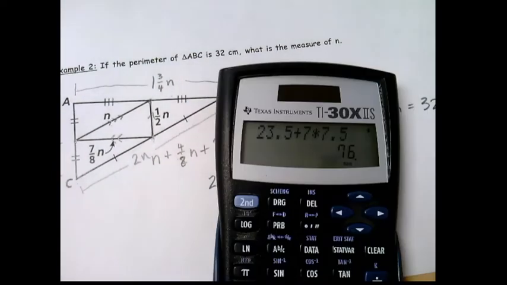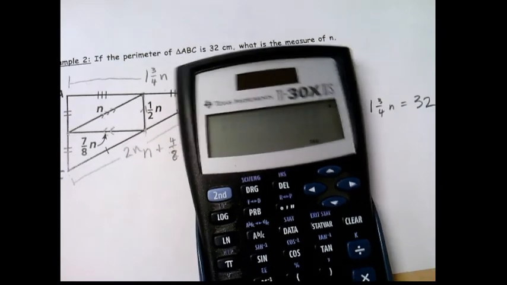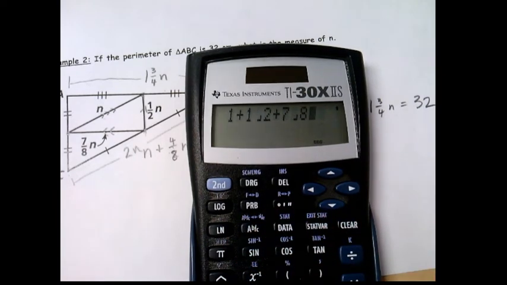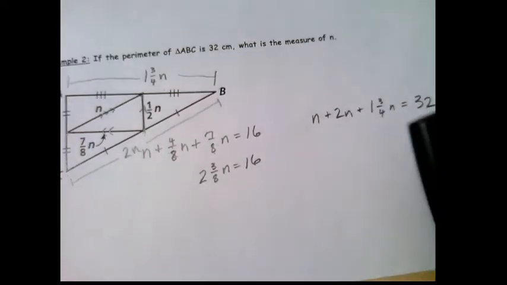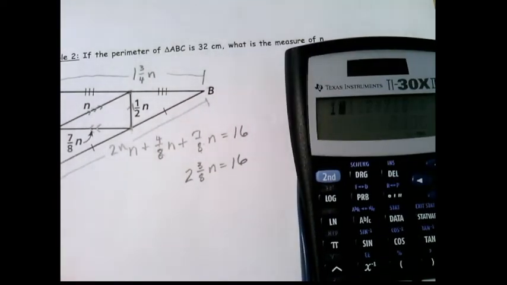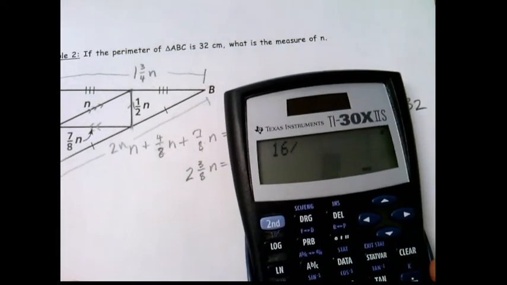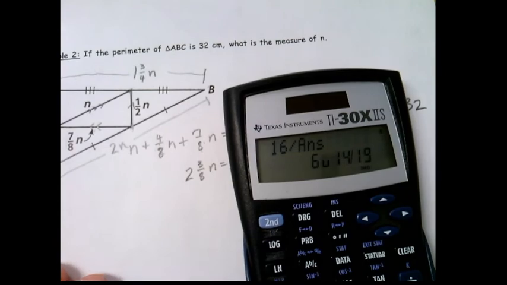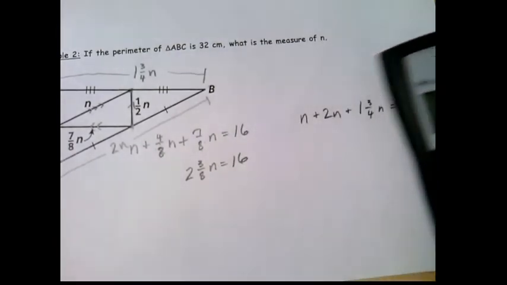Now I'm going to double check that with my handy-dandy calculator. 1 plus 1 over 2 plus 7 over 8, okay, 2 3/8. We're good. Now I'm going to take 16 and divide it by that answer, and we got 6 14/19.